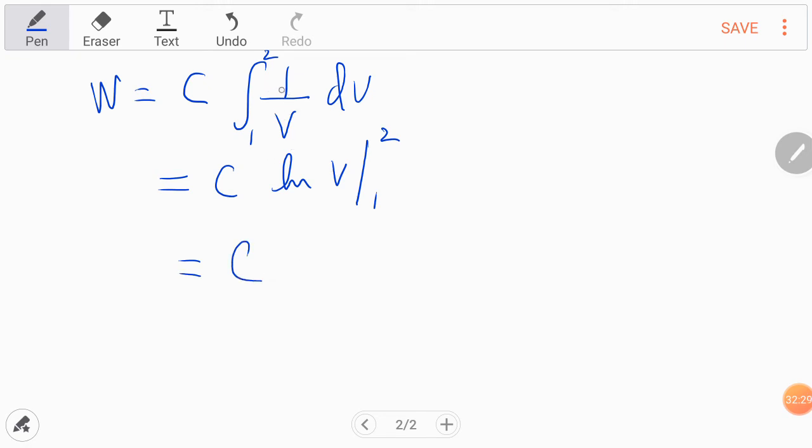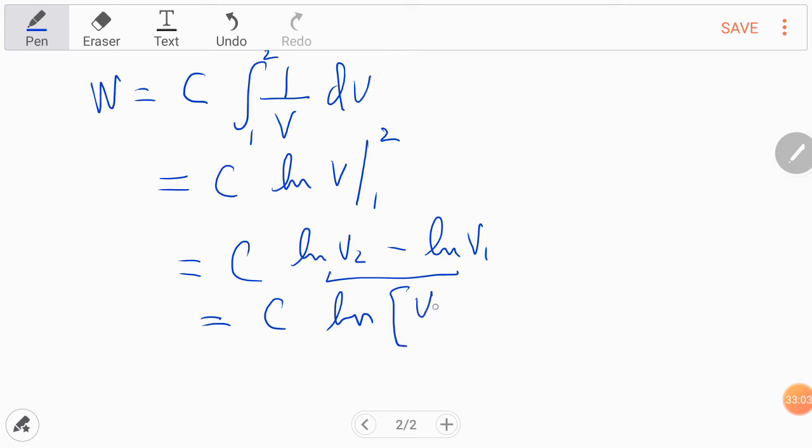So the formula for integration of 1 over V is ln V, and then we open the limits, upper limit minus lower limit. By the log subtraction formula, we can write this as ln V2 upon V1.